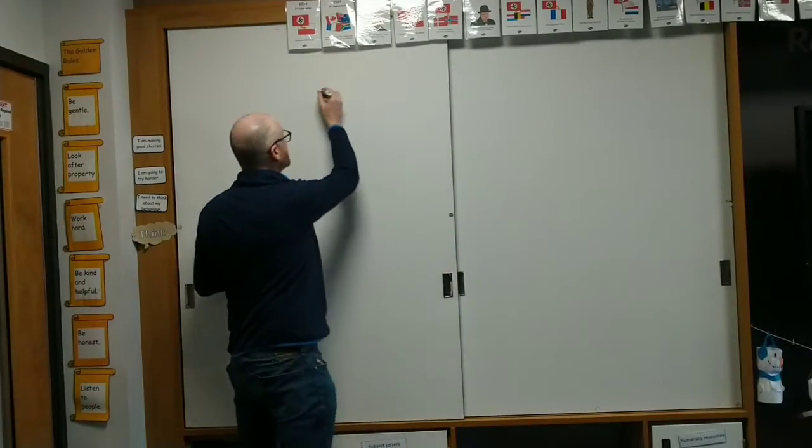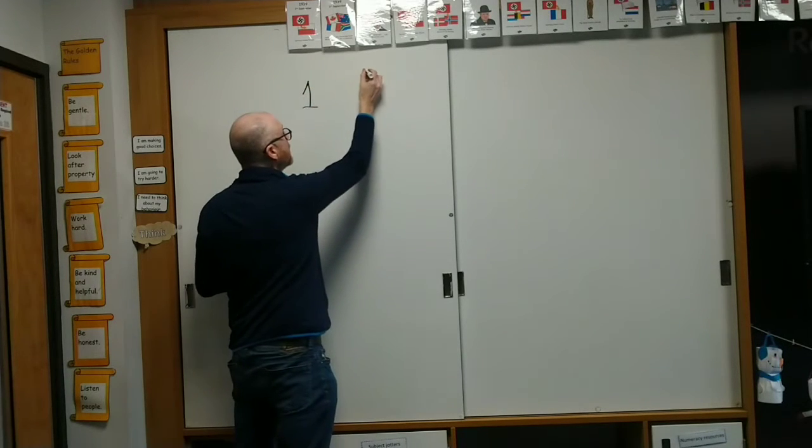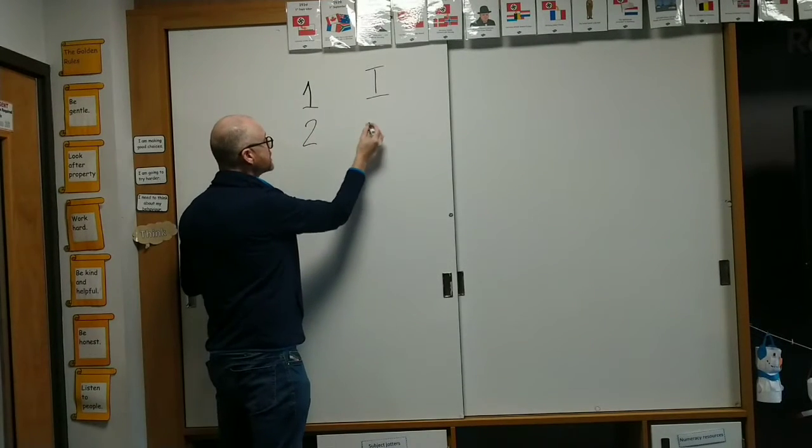So I'll give you an example. Some of this you might already know, but our number one looks like that. Their number one looks like that. Our number two is like that.